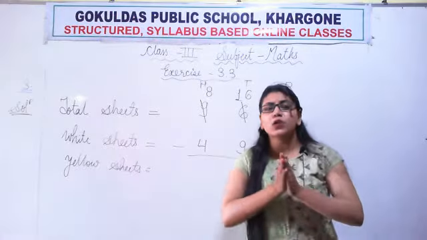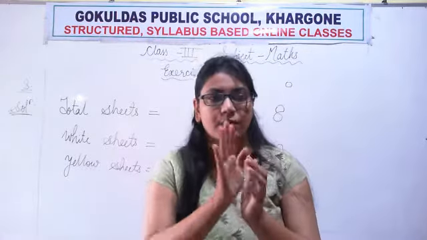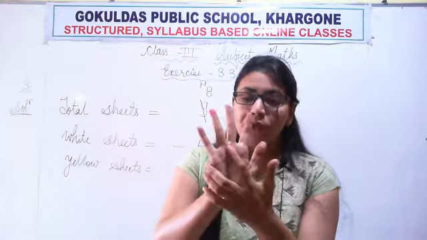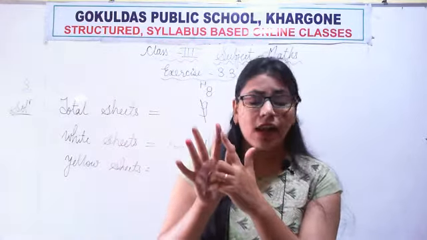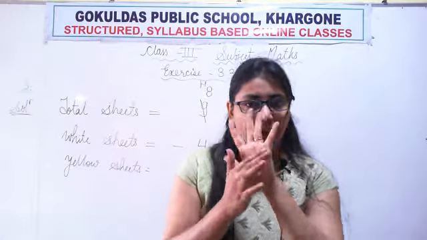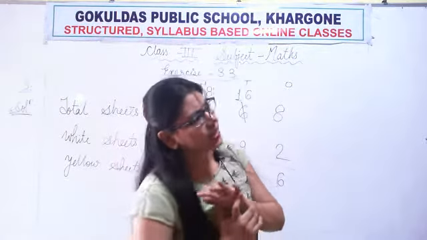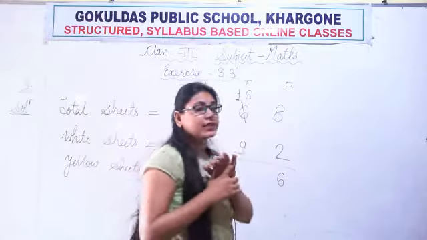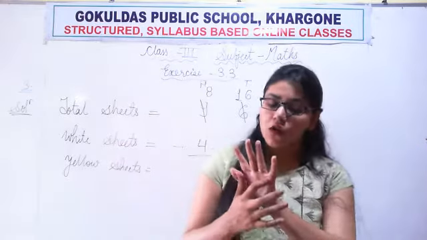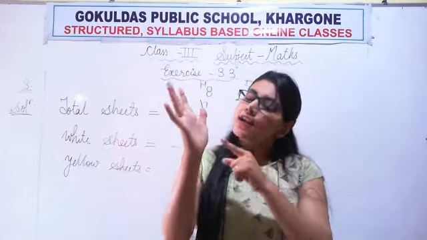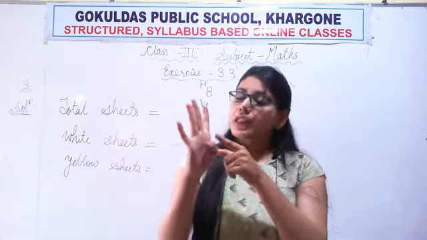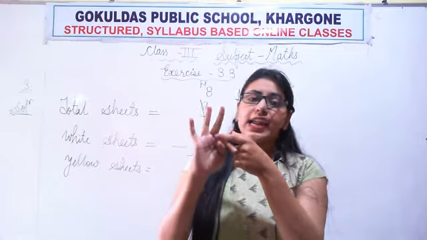So let us count 16 finger marks first. 1, 2, 3, 4, 5, 6, 7, 8, 9, 10, 11, 12, 13, 14, 15 and 16. Minus 9. So let's count 9 times backward. 1, 2, 3, 4, 5, 6, 7, 8, 9.